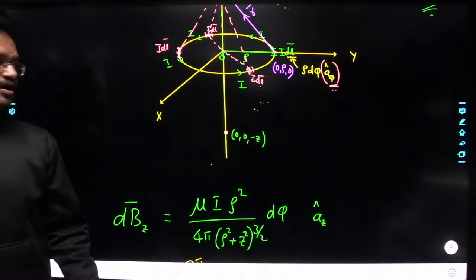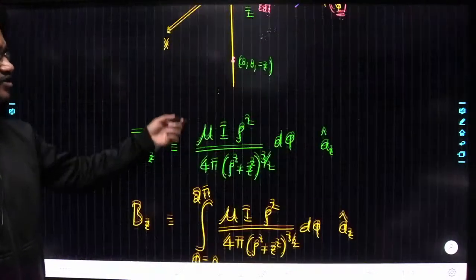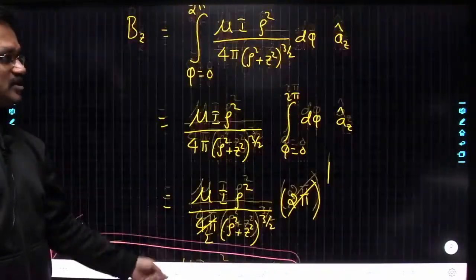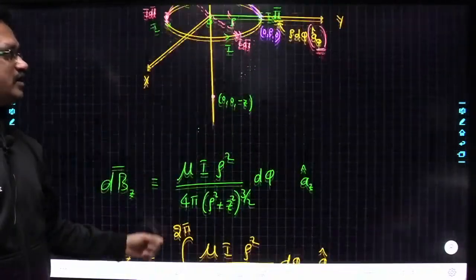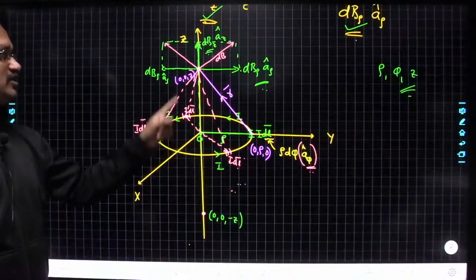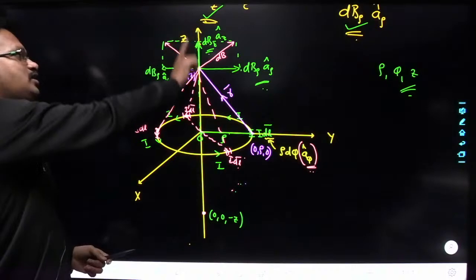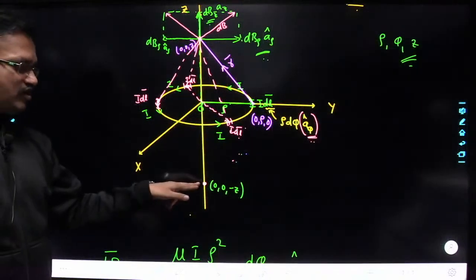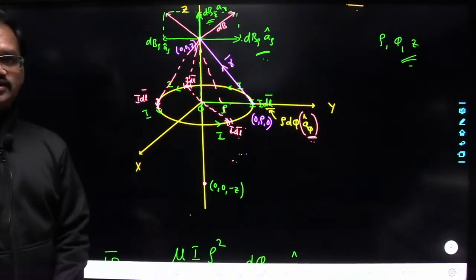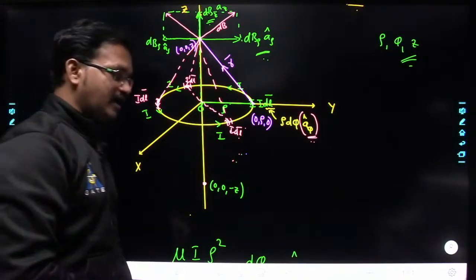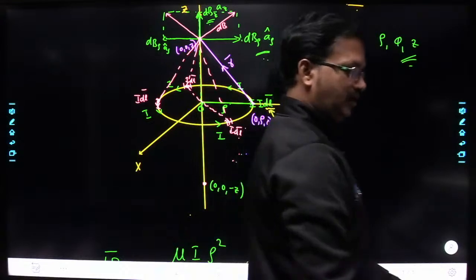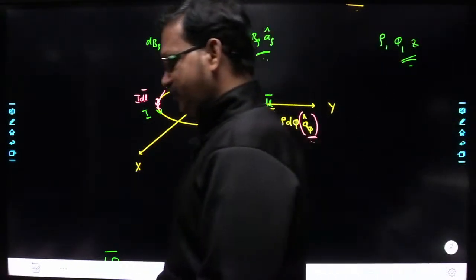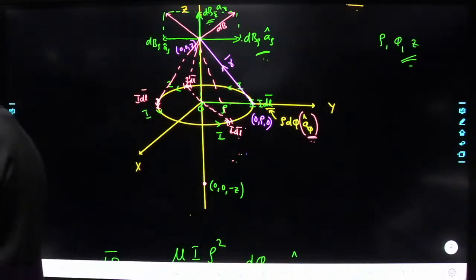At 0, 0, z the direction of B field is pointing in AZ cap direction, that is in upward direction. Yes or no? At this point the resultant B field is pointing in positive Z direction. Now what is the direction of B field at 0, 0, minus z?